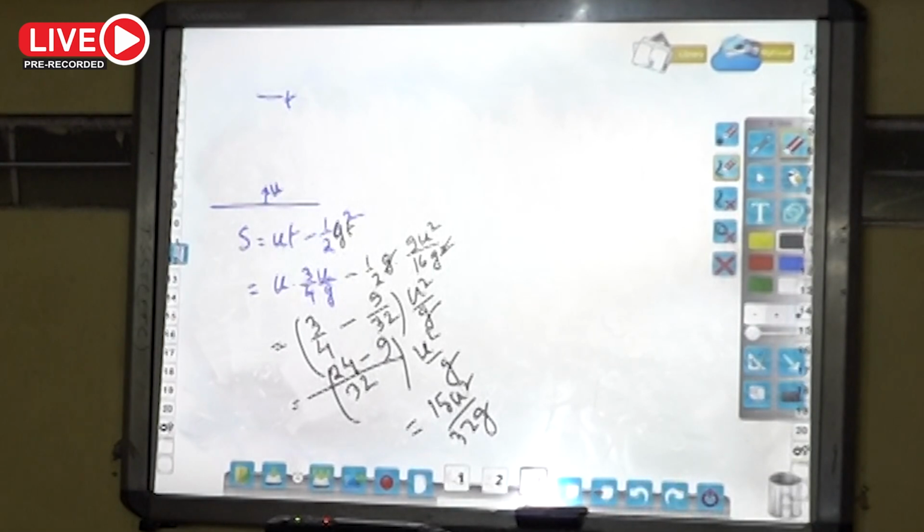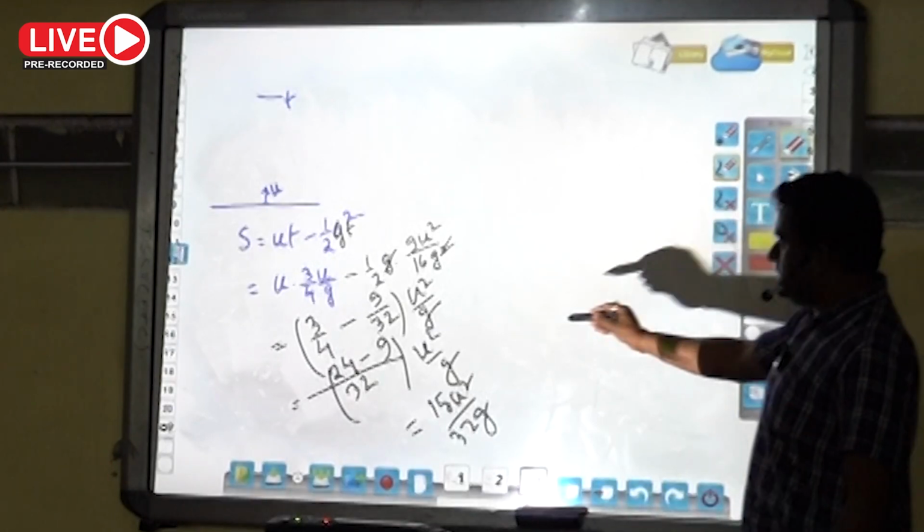Now this is the displacement, but in the question it is asked distance travelled. Here distance is the displacement, but remember, in this type of problem, in all cases you cannot solve in this method.